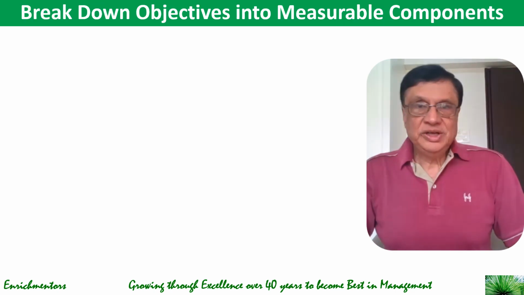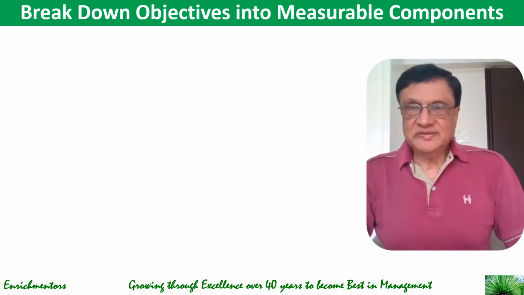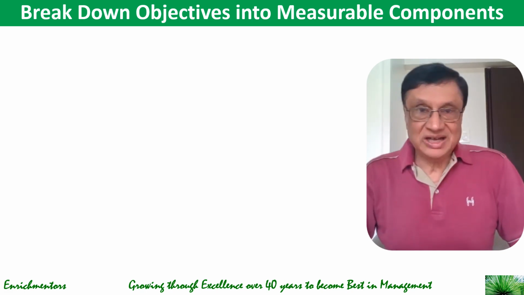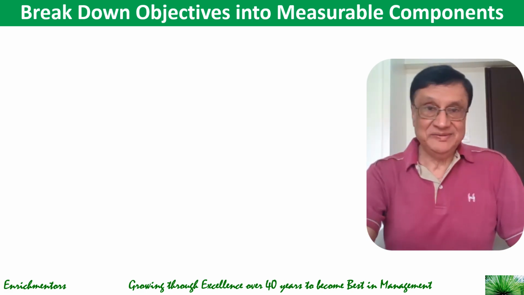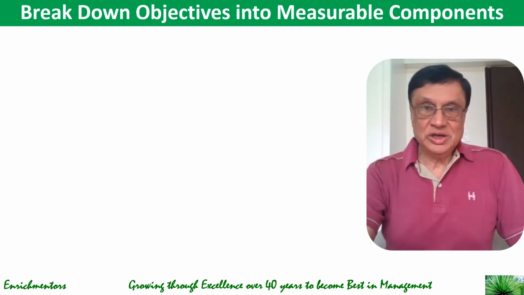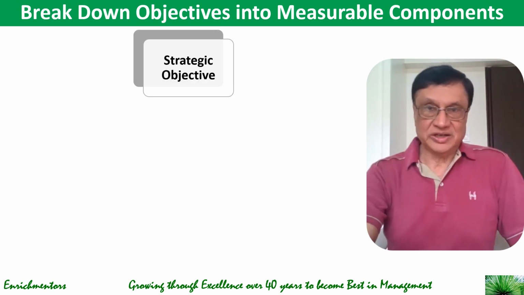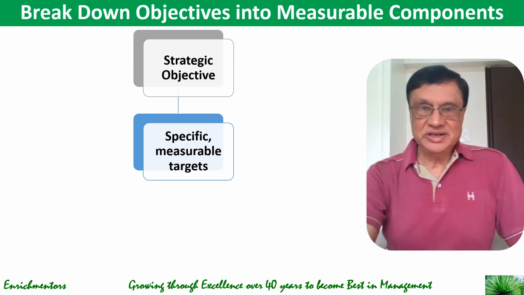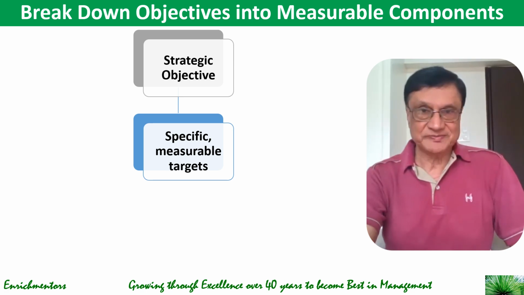So then you need to break these objectives into measurable components, because these objectives are still at a very large, high level. So you need to convert each strategic objective into specific measurable targets. For example, if the objective is to increase revenue, a specific target could be a 15% or 20% increase in annual sales.